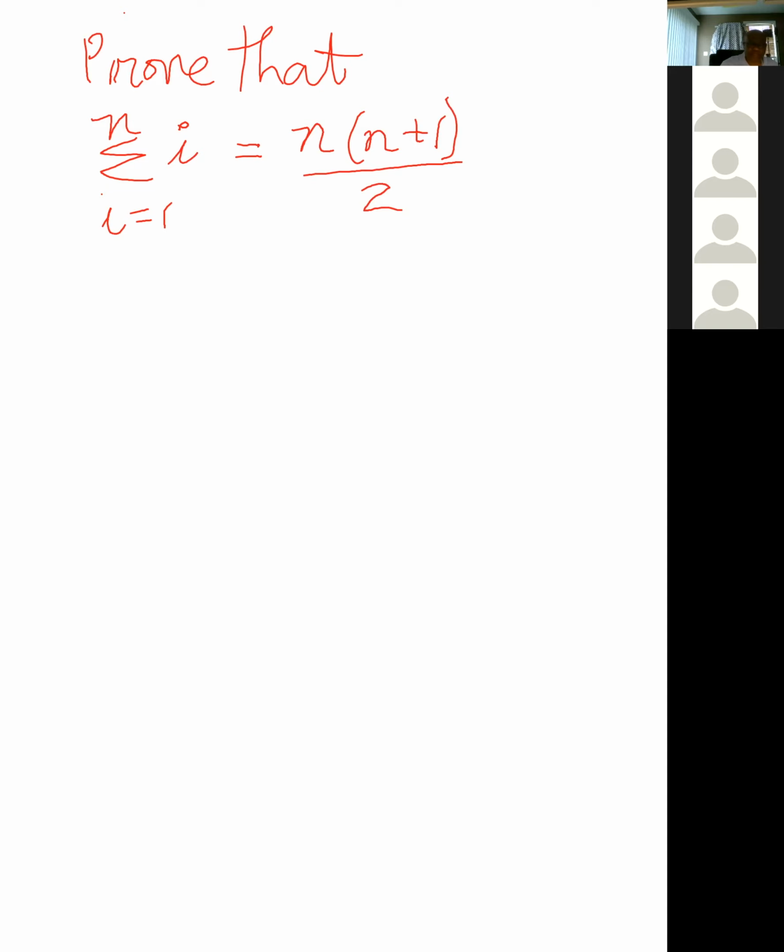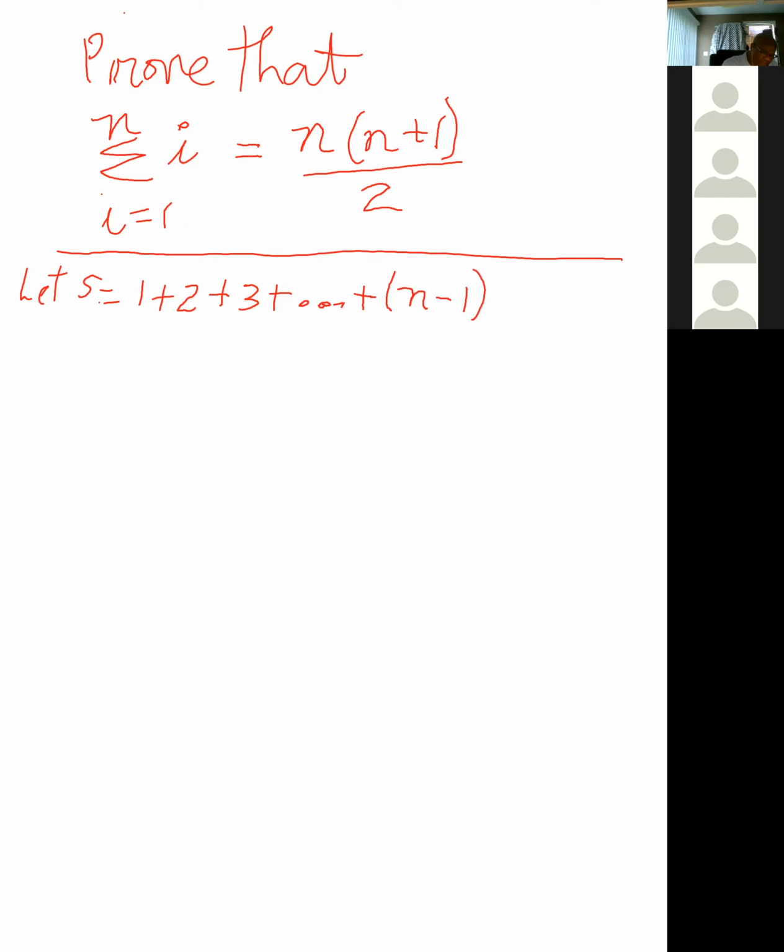There are at least two ways that we could prove this. And the first way that I'm going to prove this is I'm going to say, let S be equal to 1 plus 2 plus 3 plus... The second to last term is going to be n minus 1.